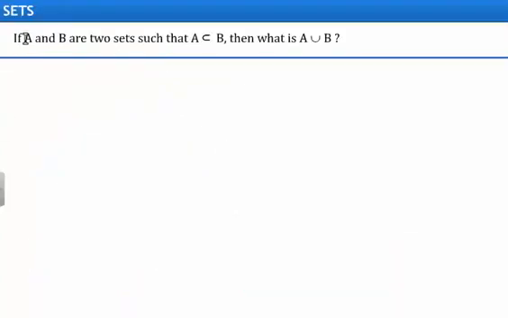In this question, we are given two sets A and B such that A is a subset of B. We need to find A union B. Let us begin with the solution.